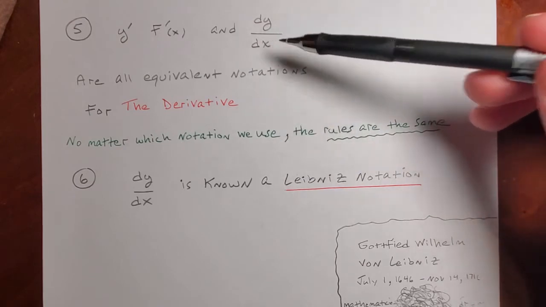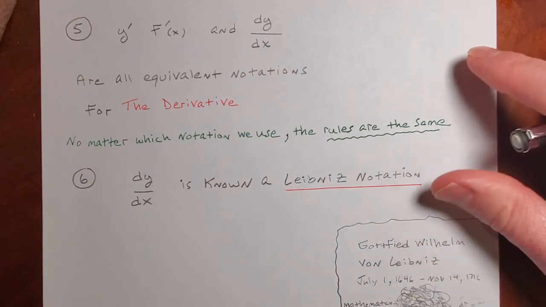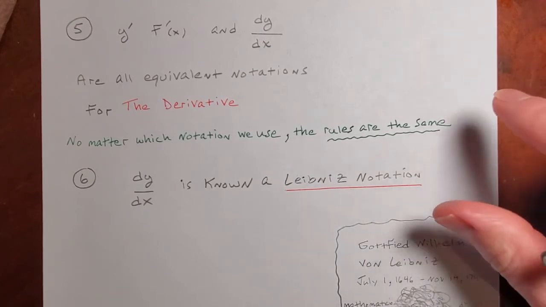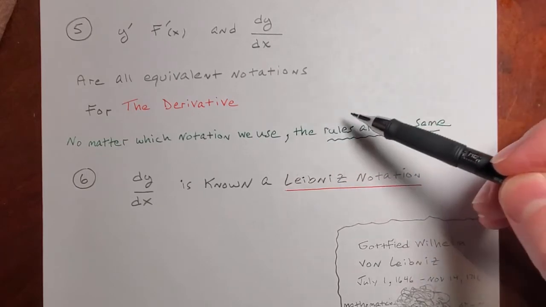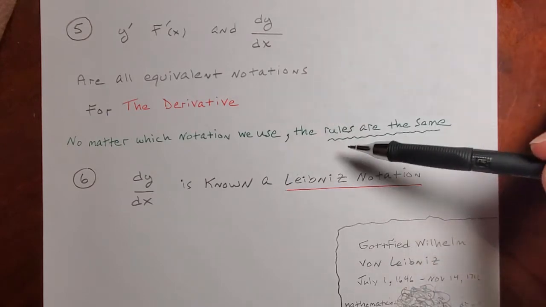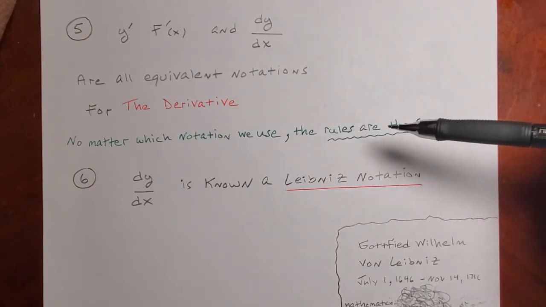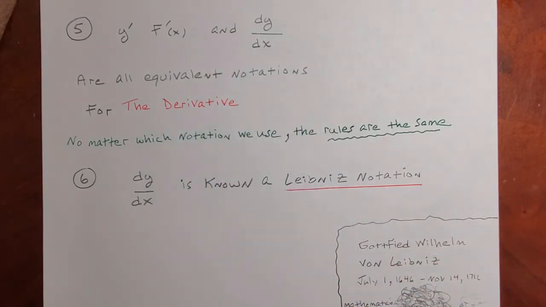How do you think you find the derivative? You use rules. No matter when you're watching this, I posted the videos so that you learn the rules before you ever see any of this. So by the time we're learning about this, you know what the rules are. It doesn't matter what you call the derivative. The rules are going to be the same.